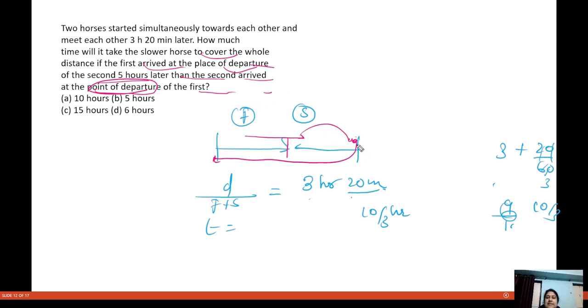The difference of this time taken is 5 hours. If we take the slower horse, the time taken can be given by D by S, where D is the total distance.